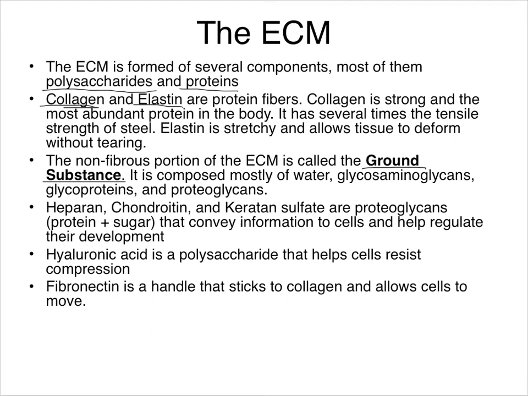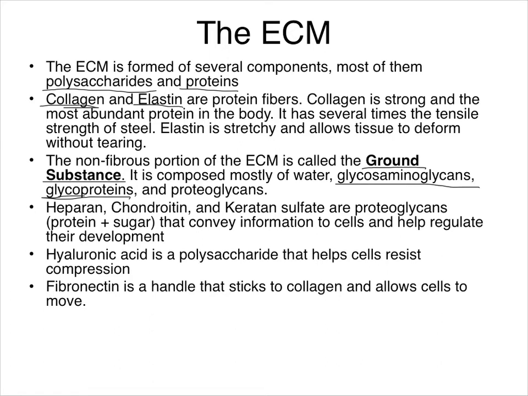In most forms of connective tissue, it's going to be composed of water, something called glycosaminoglycans, which are mostly sugar, but sugar with some substitutes on it, and glycoproteins, as you might guess from the name. Remember, glyco means sugar, and protein is protein. These are proteins that have sugar groups attached to them, but they're mostly protein.